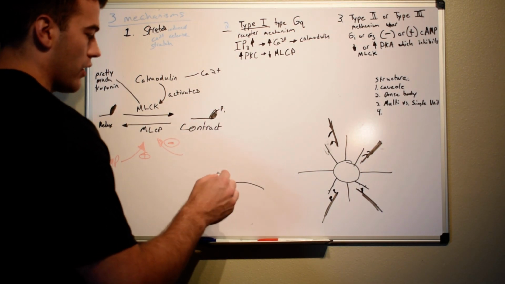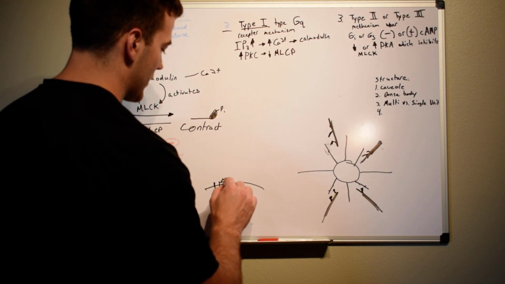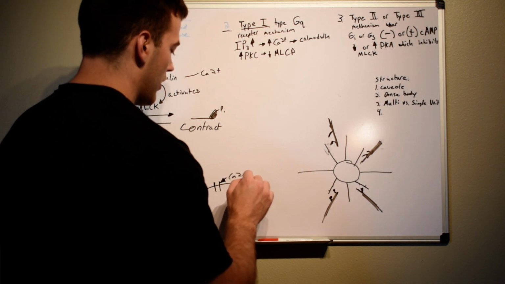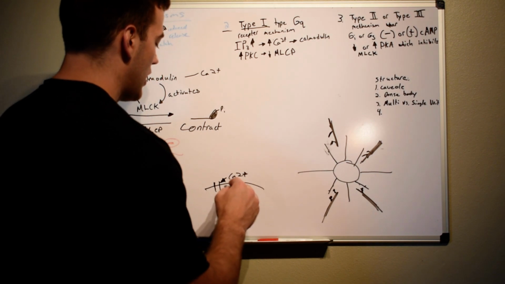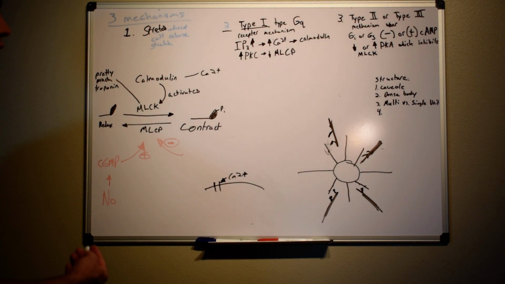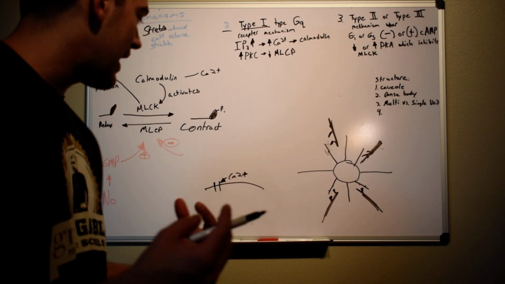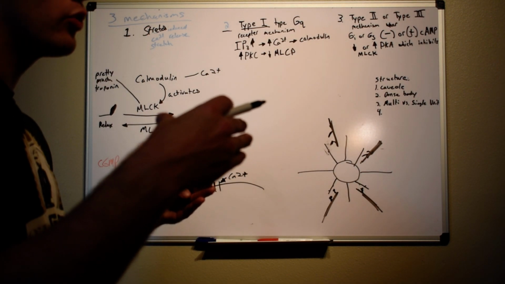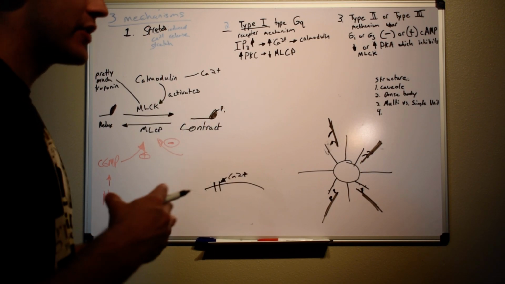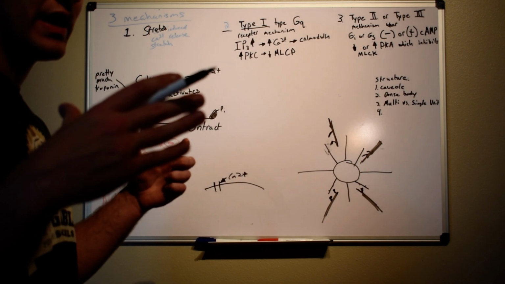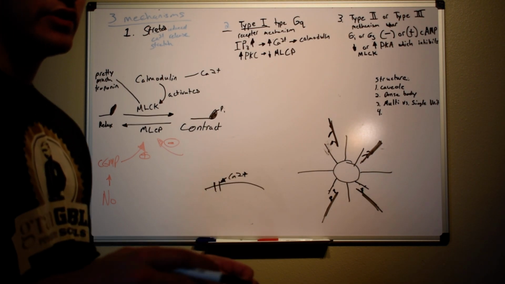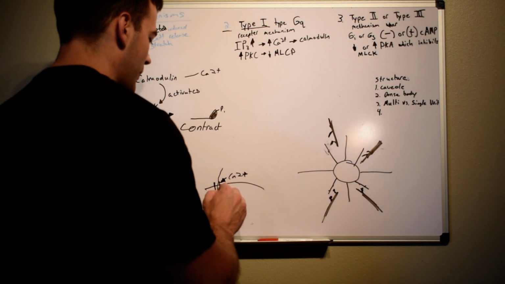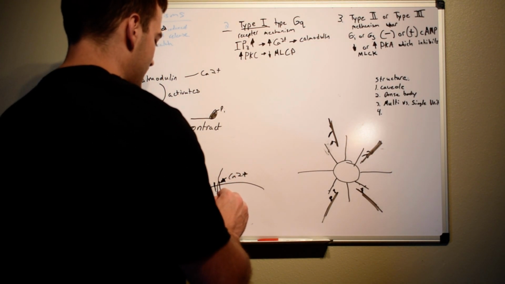I believe it's an L-type channel, not a receptor, but it has a special feature which can sense that a smooth muscle cell is expanding outside of what it normally would be able to. So the cell is becoming too big, and what's it going to do to counteract that? It's going to let in a bunch of calcium from extracellular space.